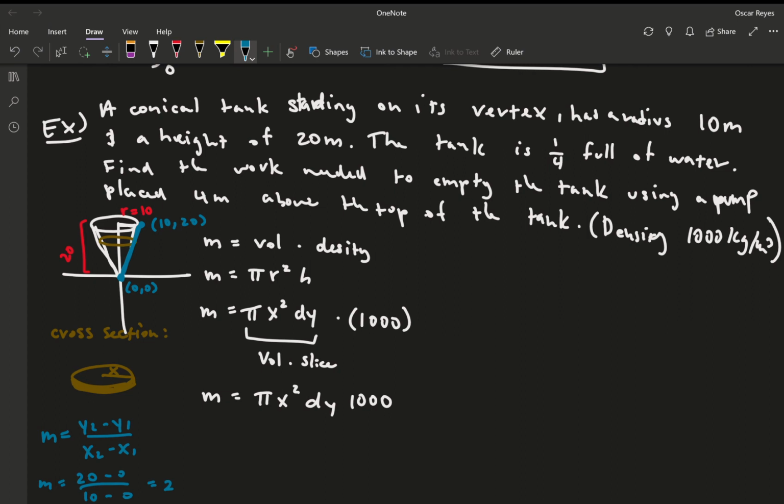So we have y minus y1, which is 0, equals m, which is 2, times x minus x1, which is 0. So then y equals 2x. So this line here is y equals 2x. So all we have to do is divide it by 2, and then we get that x equals y over 2.